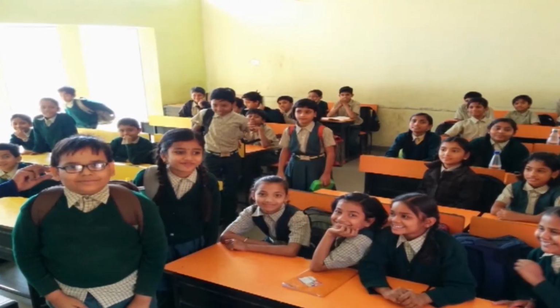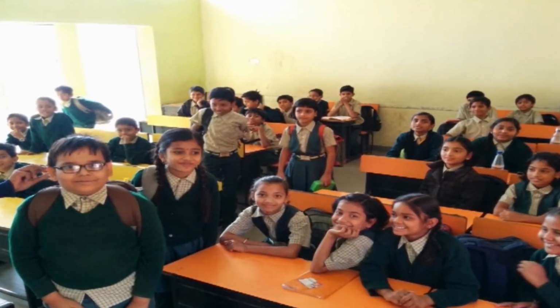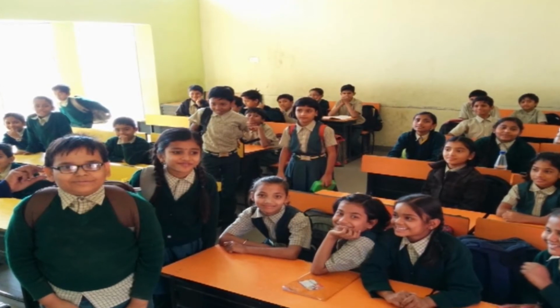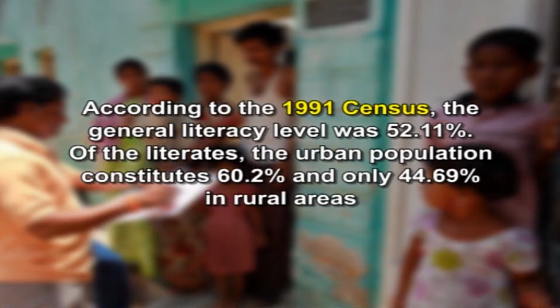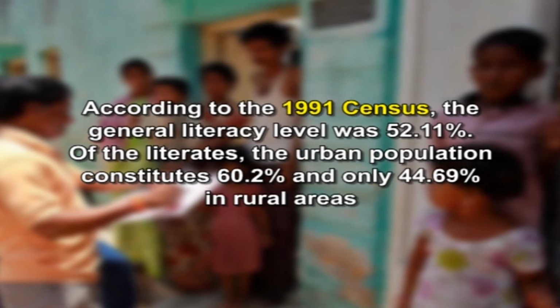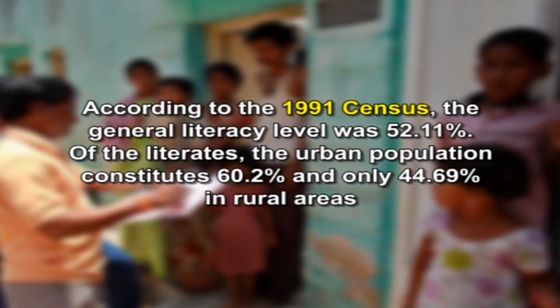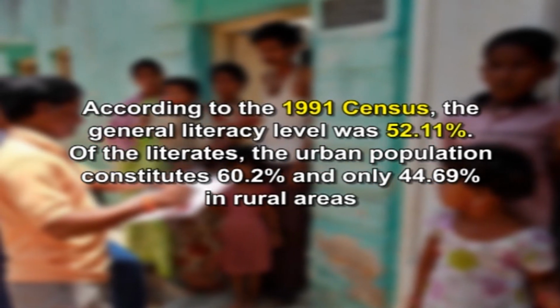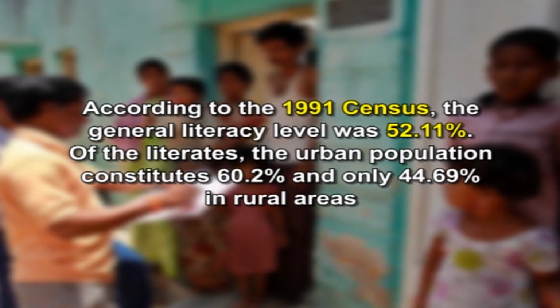Formal educational institutions are mainly concentrated in urban areas. According to the 1991 census, the general literacy level was 52.11%.